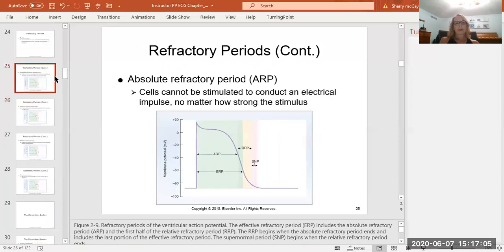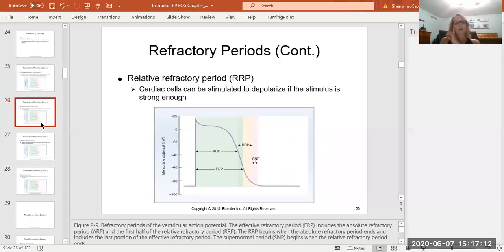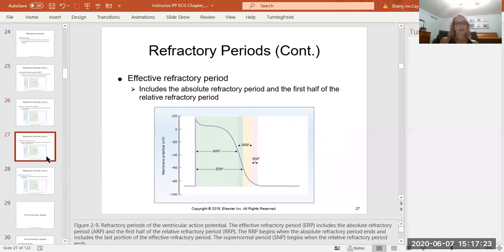So here, in the ARP, absolute refractory, cells cannot be stimulated. In the relative refractory period, RRP, cardiac cells can be stimulated to depolarize if the stimulus is strong enough. So that's what you need to know there.